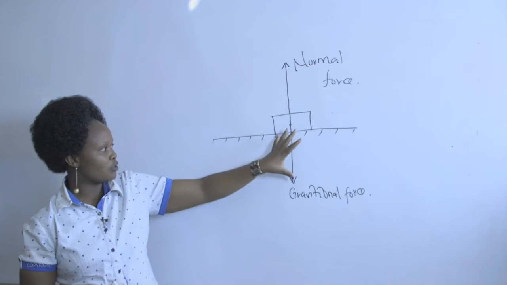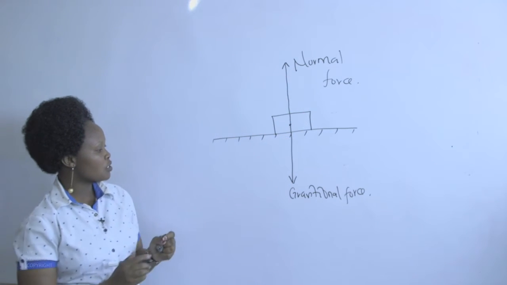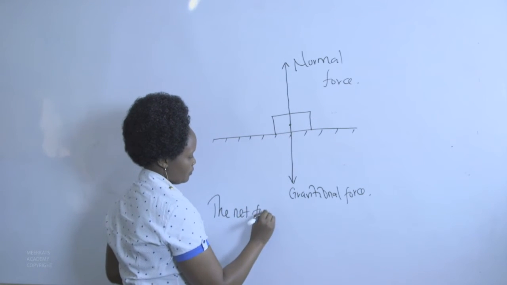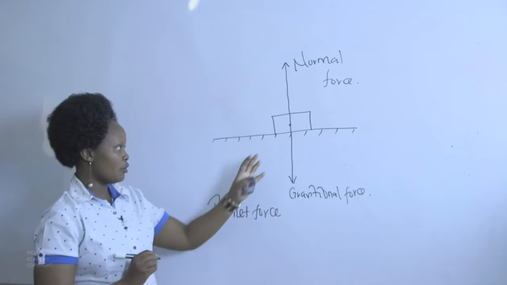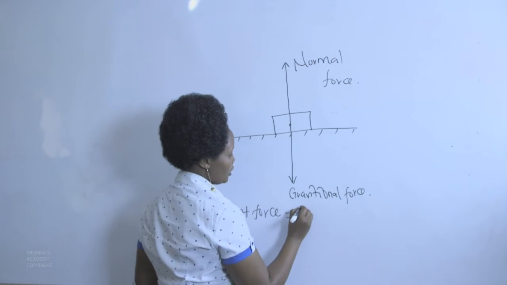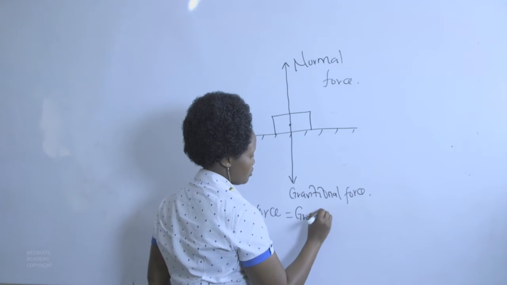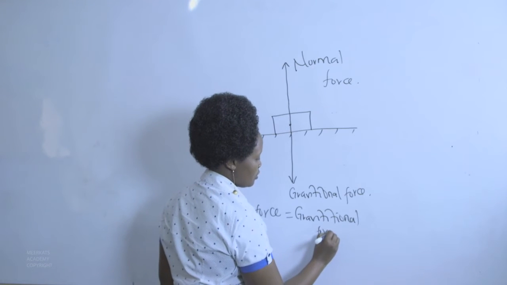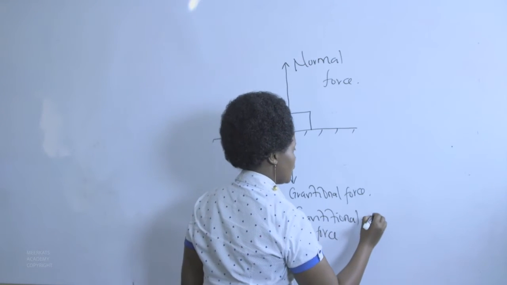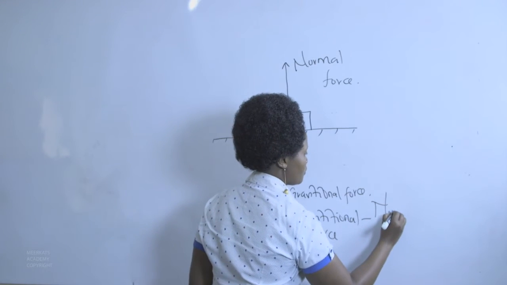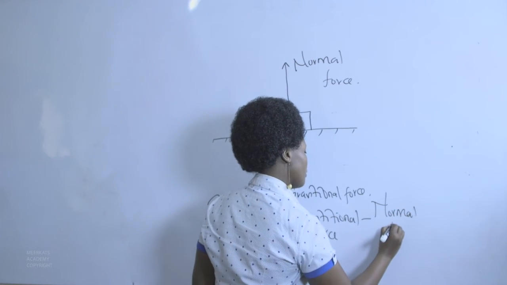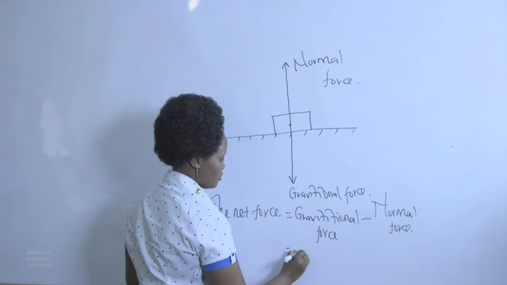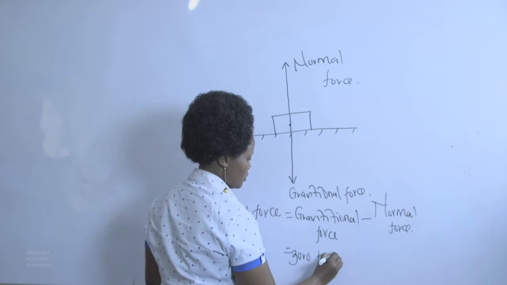And now that the magnitudes are equal, the net force acting on the body should be gravitational force subtract the normal force, which will give you 0 force.